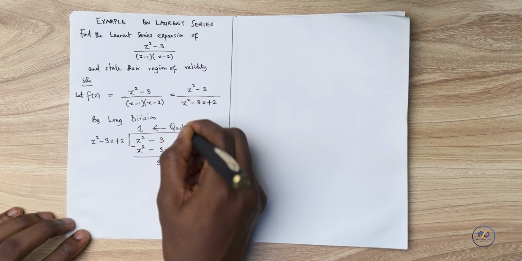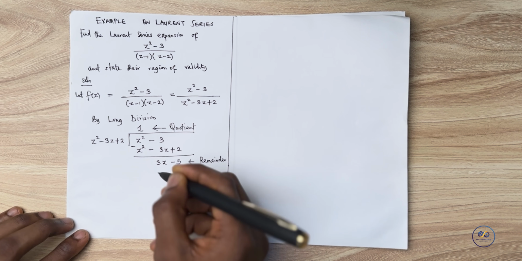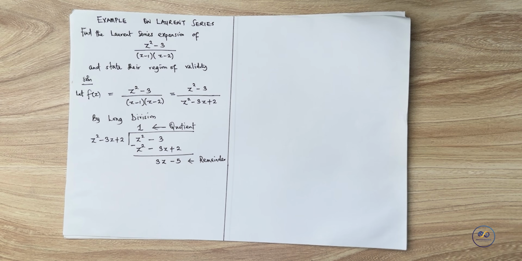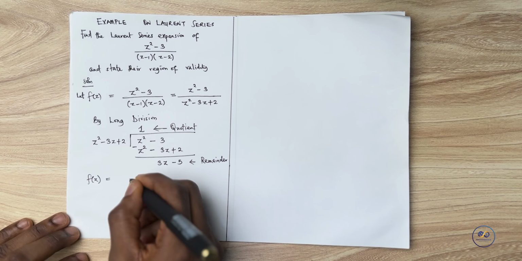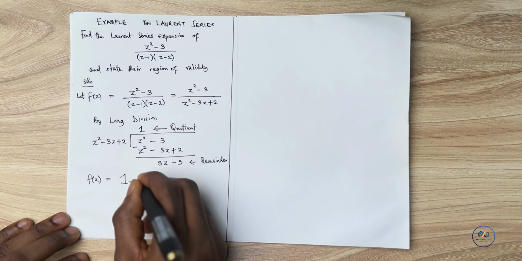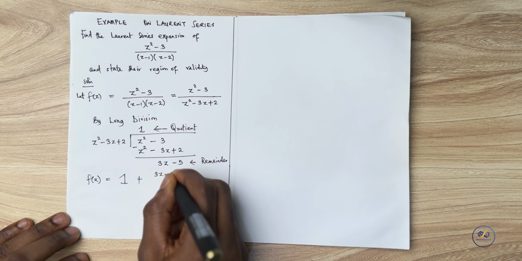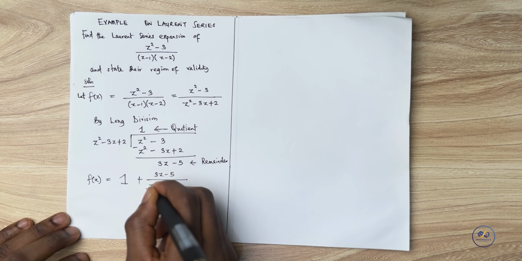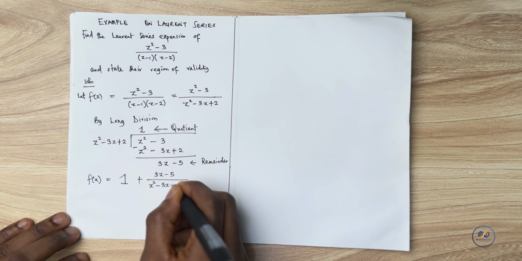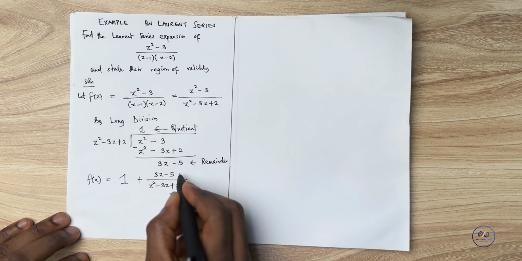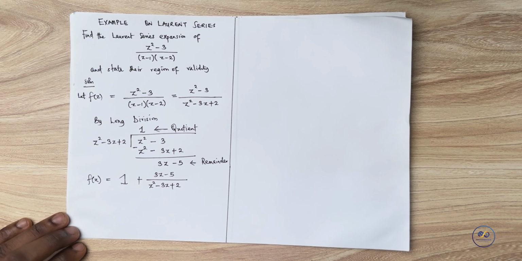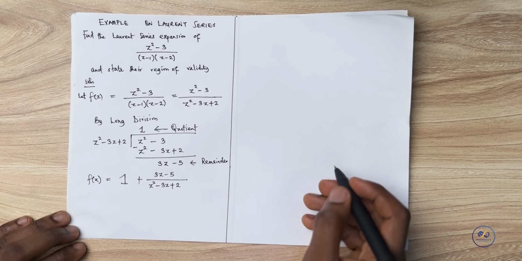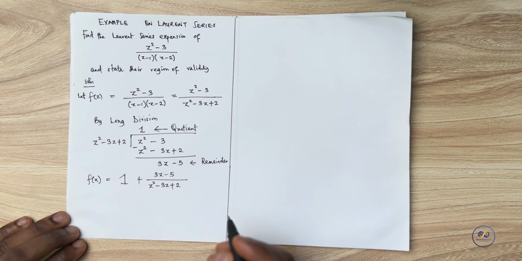So that way we can see that f of z would be split based off these two parameters. Now let's put that all together. This means that f of z would be equal to 1 plus 3z minus 5 divided by z squared minus 3z plus 2. On this proper fraction, which is the remainder divided by the divisor, we can then proceed to utilize the partial fraction.